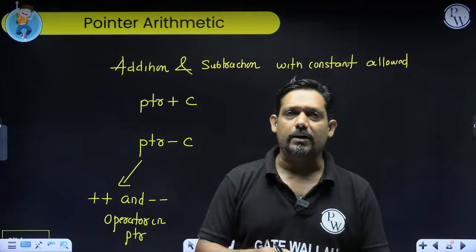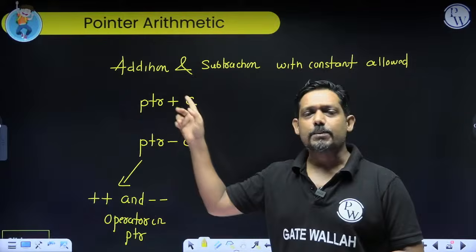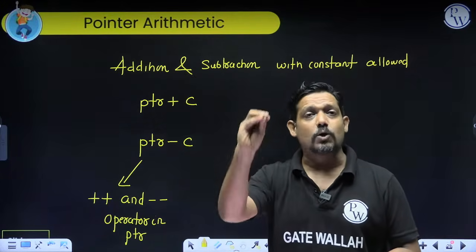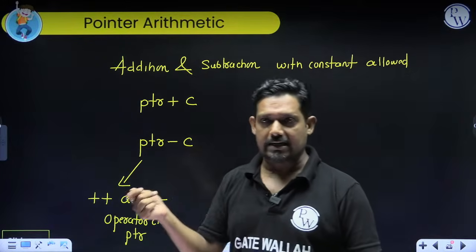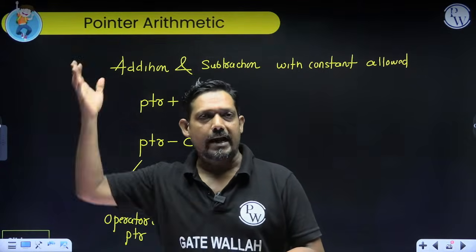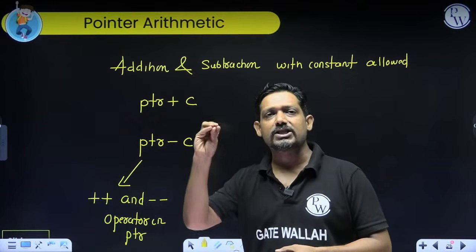It is nothing but addition and subtraction with a constant, where C is 1. Multiplication and division are not allowed. If you multiply the address by 4, it won't happen. So multiplication and division are not allowed.